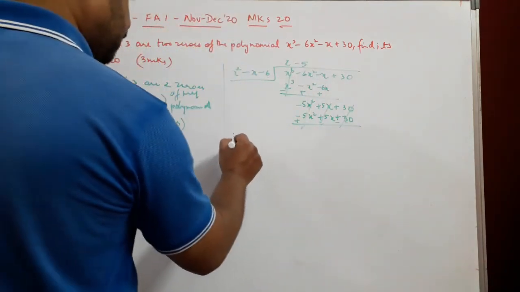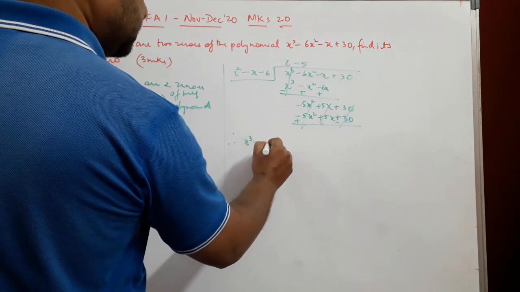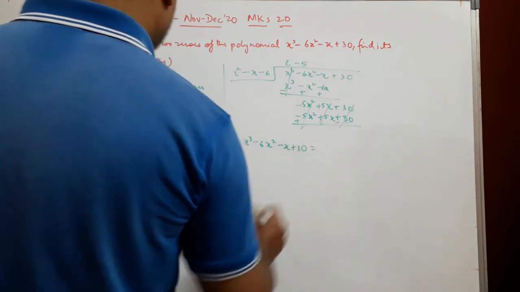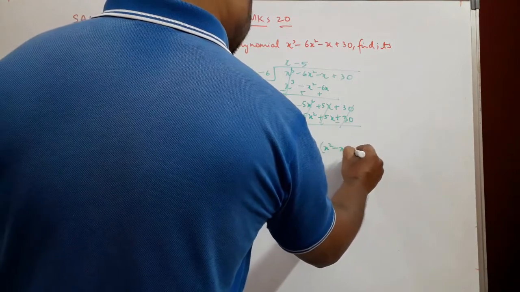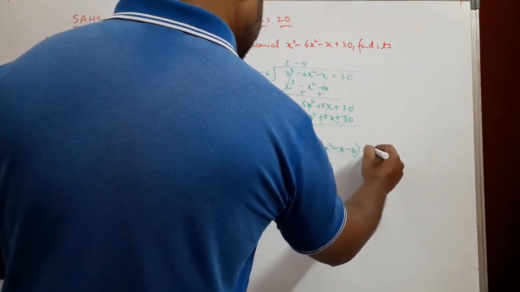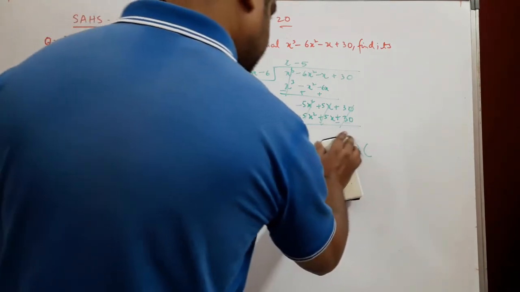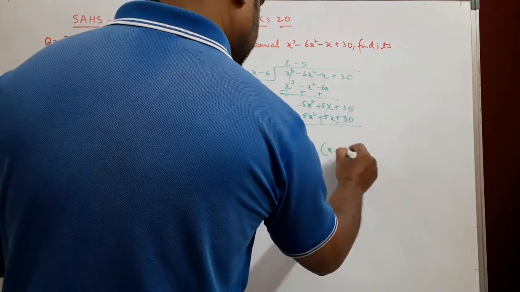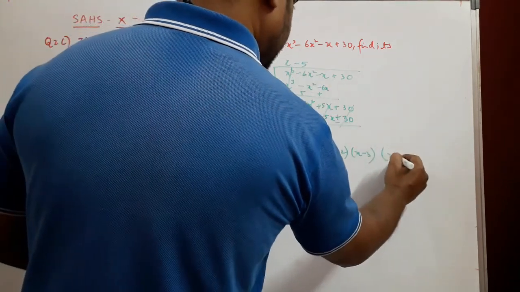So you can say therefore x cube minus 6x square minus x plus 30 is equal to g of x, which was x square minus x minus 6, into x minus 5. Or rather we can put it in the form of the zeros, which were x plus 2 into x minus 3, into x minus 5. That means 3 zeros for this, and the final zero is x minus 5.